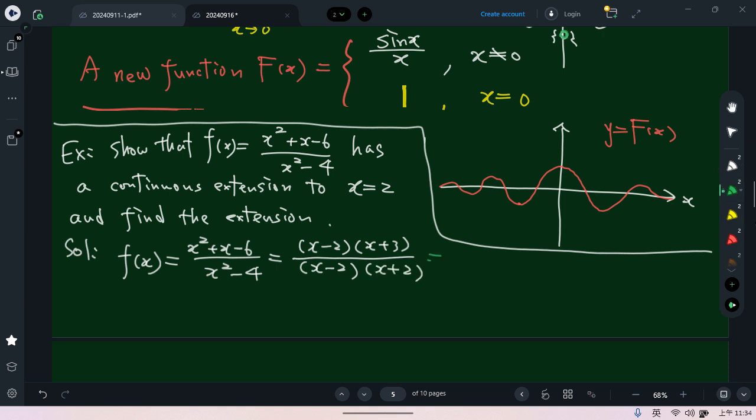When x is not equal to 2, we can simplify it to x plus 3 over x plus 2, right? Because when x is not equal to 2, these two factors are the same, so of course we can cancel them.